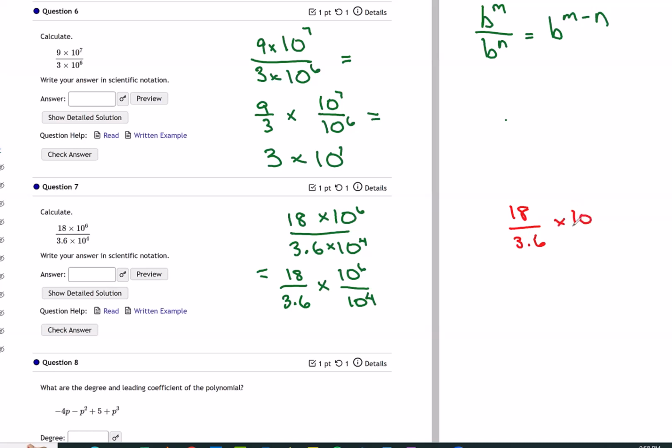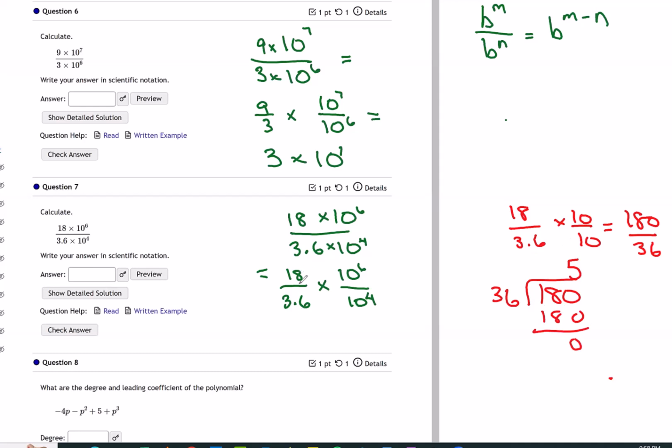To get rid of that decimal in the denominator, I can multiply by 10 over 10, which gives me 180 divided by 36. That's how I'm going to do my division. And I think this goes 5 times, 5 times 36 is 180, yes.